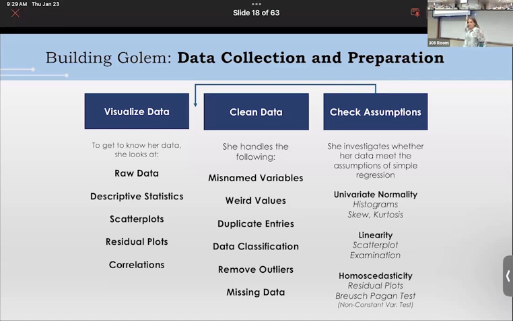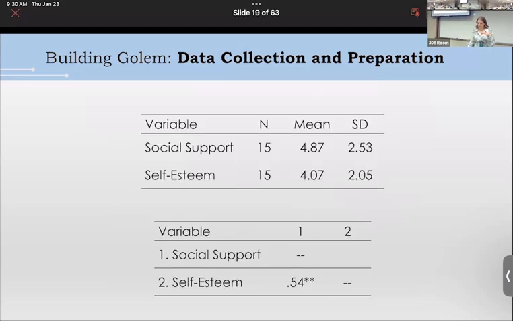And then I'm gonna check assumptions again. One mistake that people often make is they check assumptions and then they mess with their data a little more and they don't check it again. You have to check assumptions on the final model you'll be running an analysis on, even if you check it initially. That makes sense? So we're done with that part.